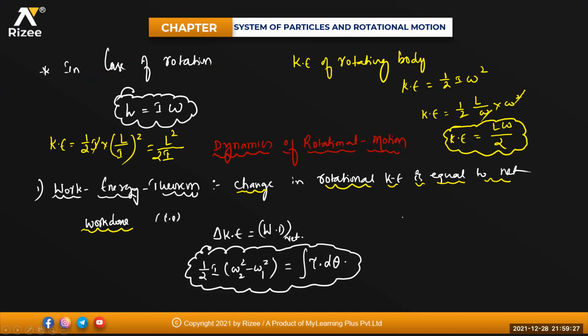The work energy theorem says that the change in rotational kinetic energy equals the net work done. So the change is half I omega 2 square minus half I omega 1 square, equals the integral of tau d theta.